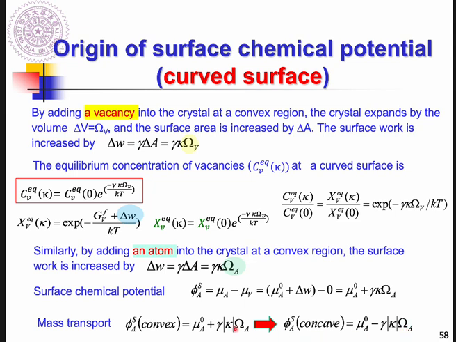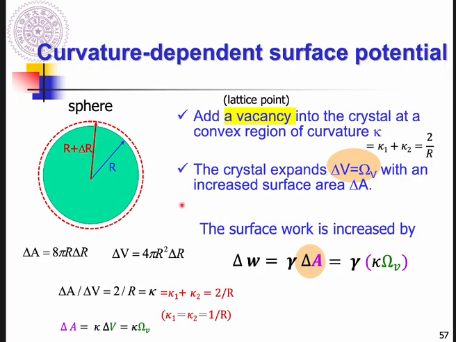It is easy to remember: when you add something on a curved, convex surface, you need to use energy to push or put this lattice point onto the sphere. So for sure, you deliver energy to the system, so these atoms have higher energy in the convex region.